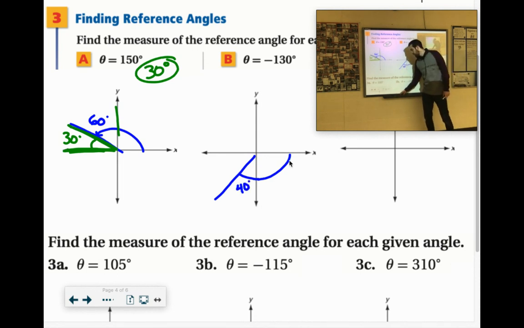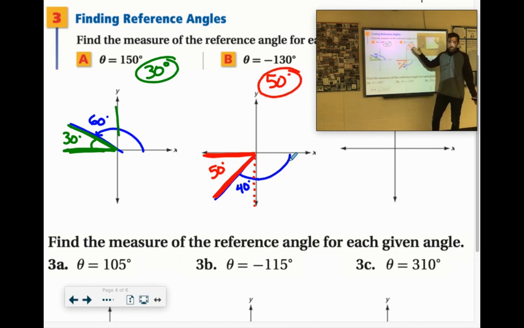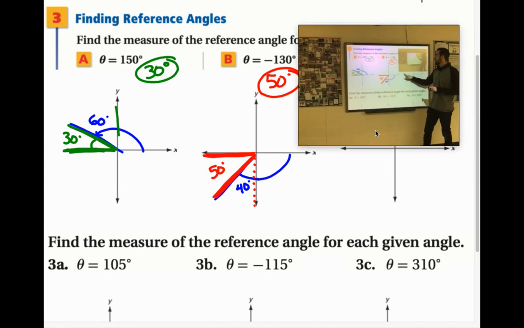But we're looking for the reference angle, which is the acute angle closest to that x-axis. Now this whole quadrant is 90, so 90 minus 40 would leave you with a reference angle of 50 degrees. So those aren't supplementary, right? Negative 130 plus 50 is negative 80. Okay, all right.